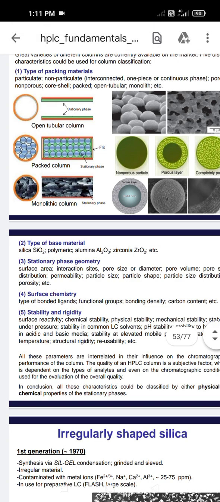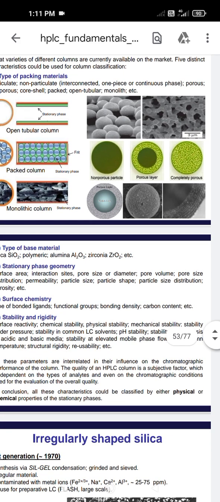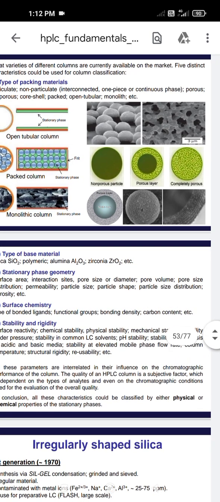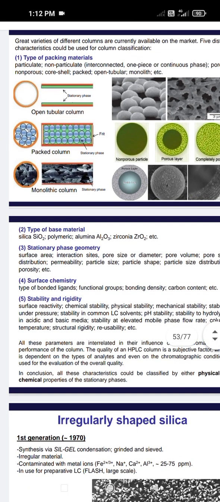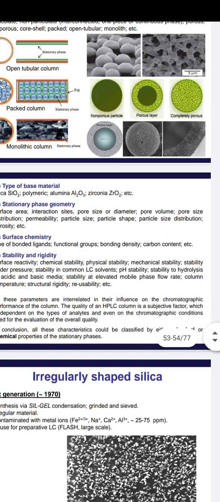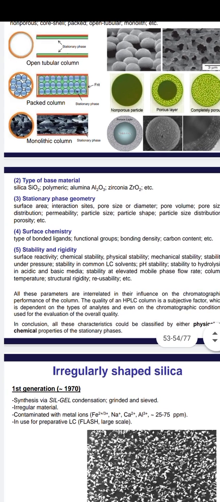Stationary phase geometry is about surface area, interaction sites, pore size or diameter, pore volume, pore size distribution, permeability, particle size, particle shape, and particle size distribution. Surface chemistry includes type of bonded ligands, functional groups, bonding density, carbon content.